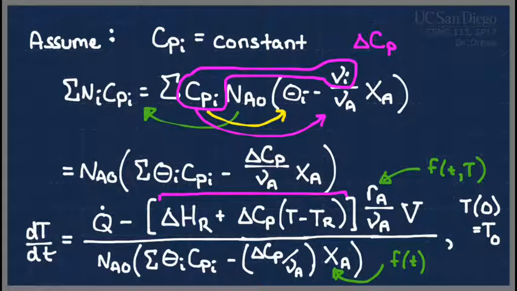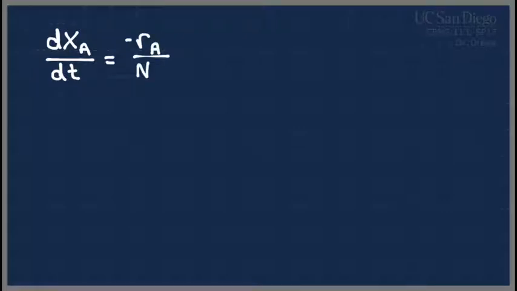The other expression, the form that we generally use, you can use the dNi dt term that was the most general one. For example, if the volume is changing, you would have to use that. But very commonly, the other expression that we end up solving for in this particular system of problems is that the change in conversion, XA, with respect to time, is minus RA times V over NA naught.